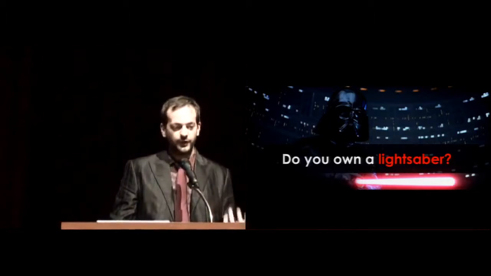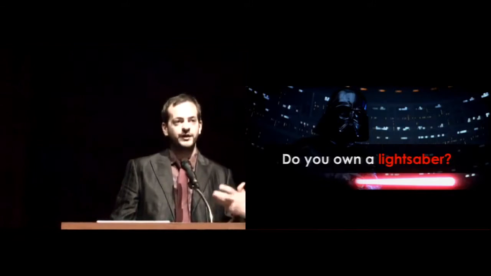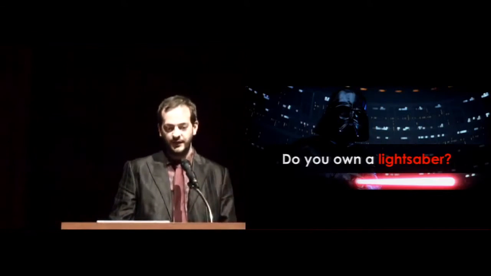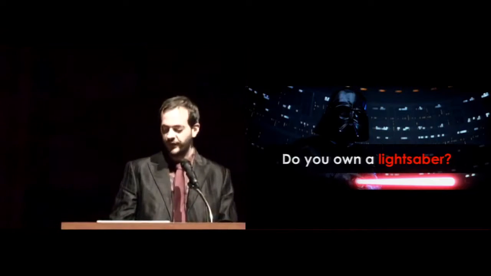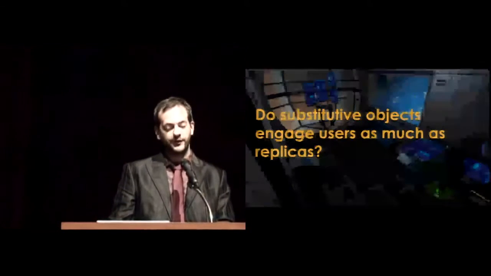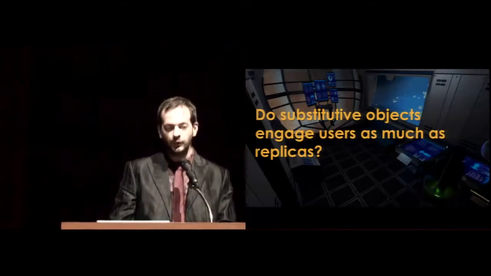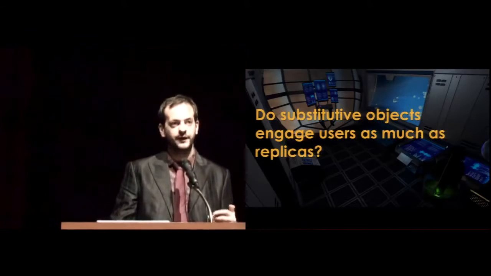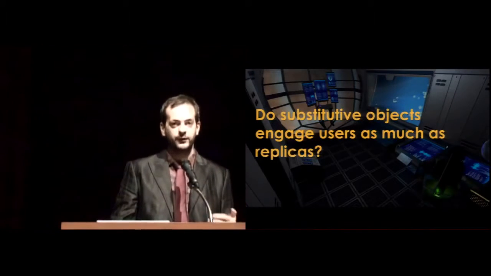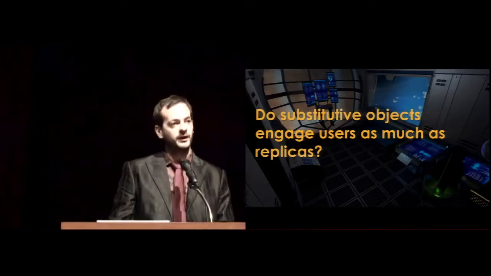It would be easier if we could use another object to still have an interesting experience. So we designed another experiment where we wanted to know whether substitutive objects could engage users as well as replicas.